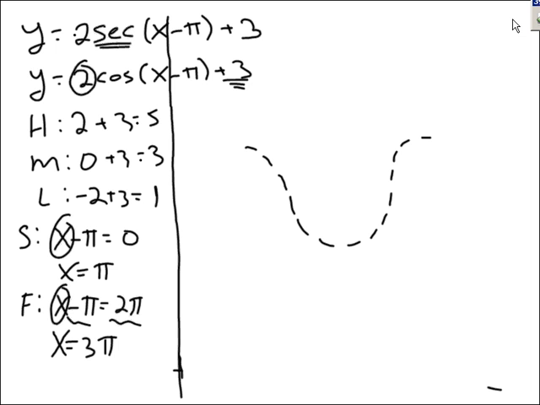Okay. Now, the middle is right here. This is important. Here's the middle, and the middle is 3. That is, 3 is right here. The lowest point is at 1, and the highest point is at 5. Okay, so I want to get rid of this on the side here because it seems to be in the way. 5, 3, and 1.